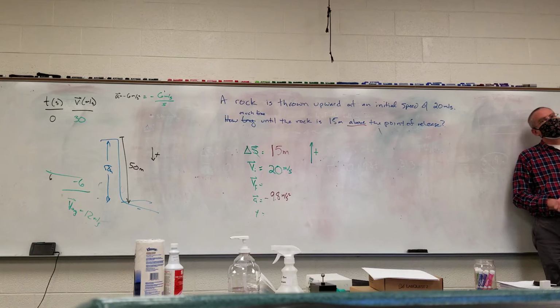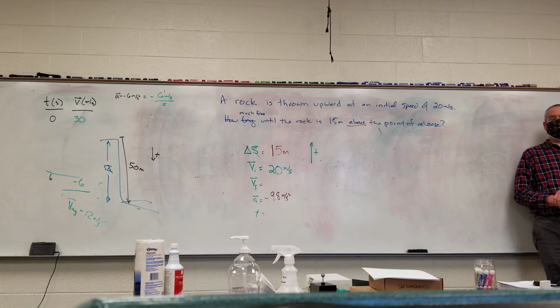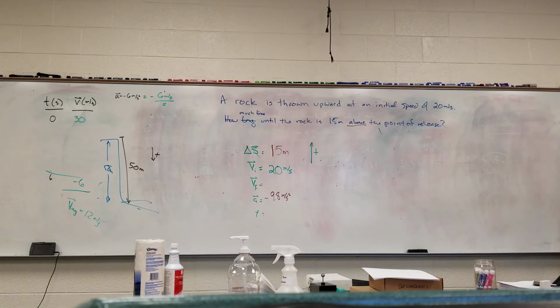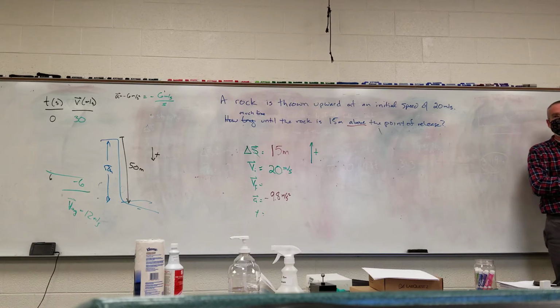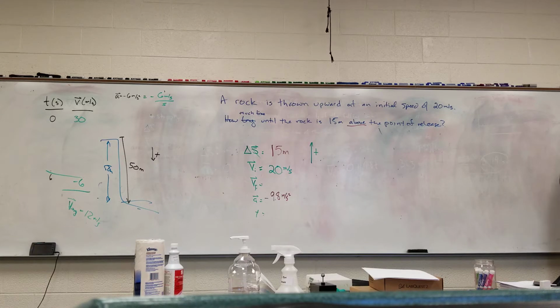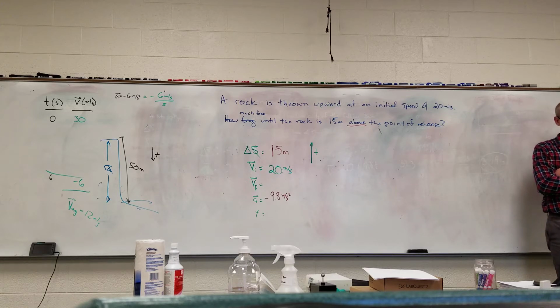Oh, I was doing it for final velocity. If we had done that, we would have found final speed, and then we would have to think through the sign. I wanted to shoot for time specifically first, although there are times in which it is convenient to do that first and then solve for time, because we're gonna end up with a quadratic here. But we need to go through it because you'll be dealing with quadratics in this course.